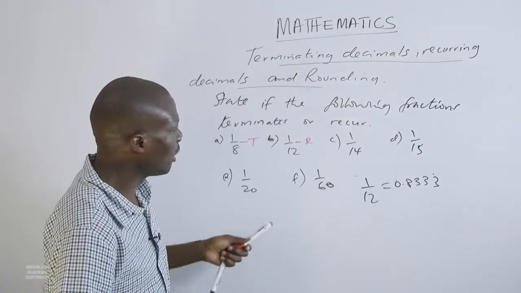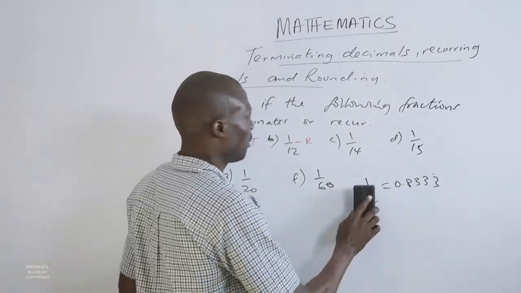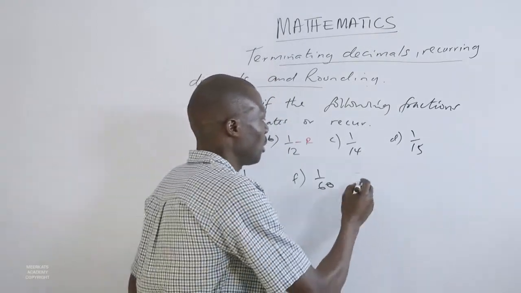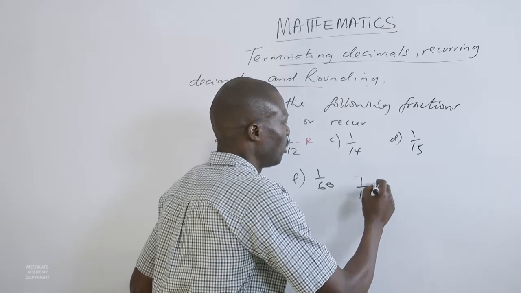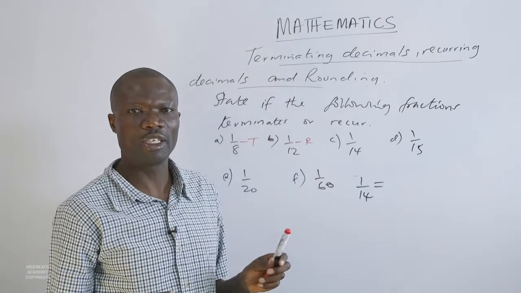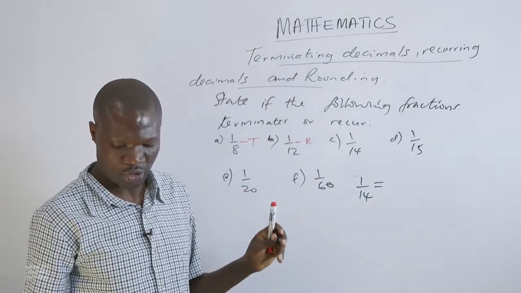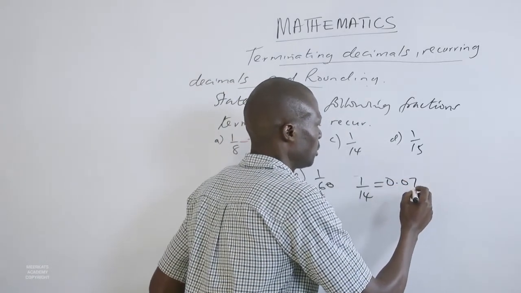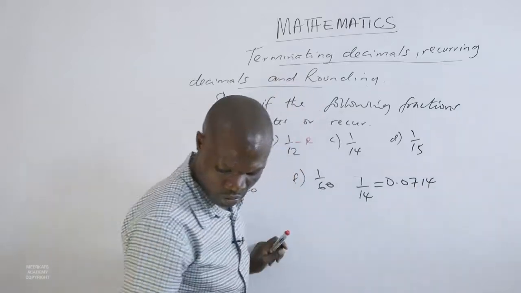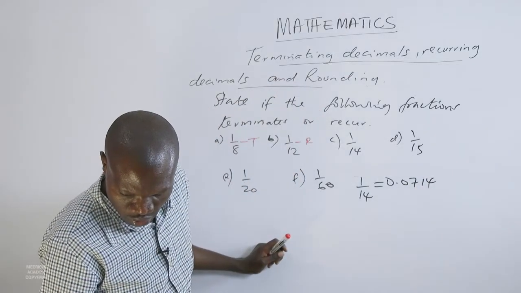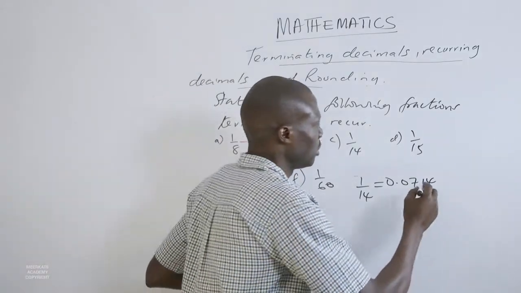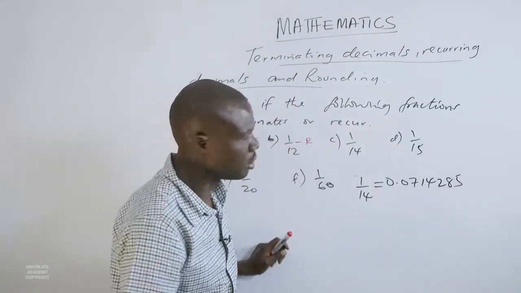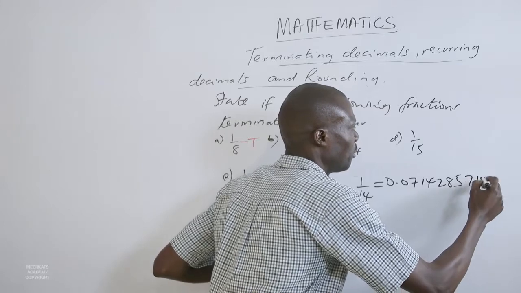Now, when you look at 1 over 14, this is a very interesting one. When you convert 1 over 14 into a decimal, you are going to get 0.071428, then we have 714.